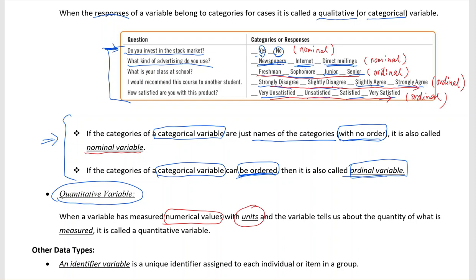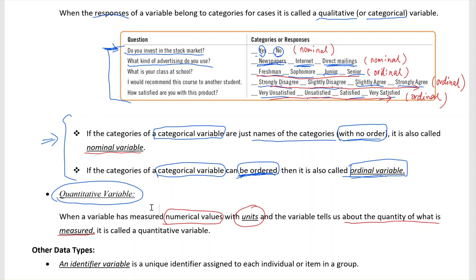Also, this variable will tell us about the quantity of what is measured. So first it must be numbers, but not only numbers, it must have units, telling us the quantity of what is measured. Then it is called a quantitative variable.